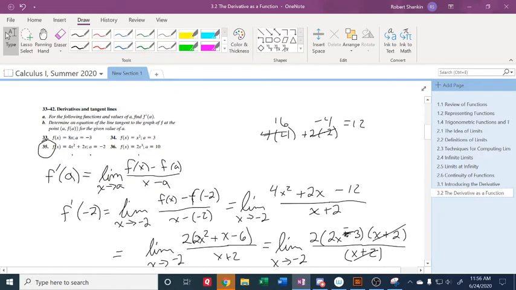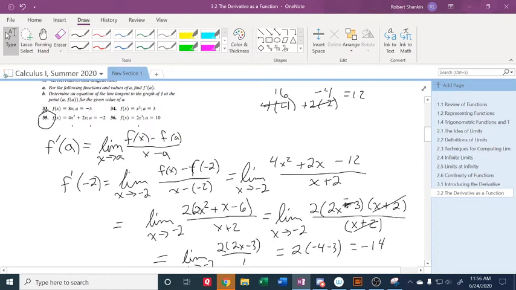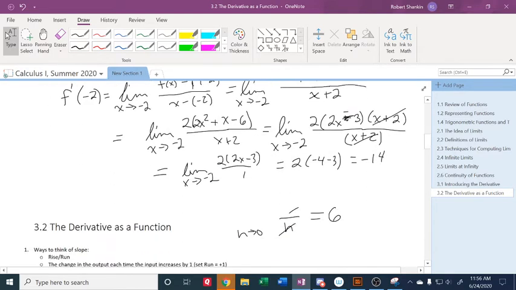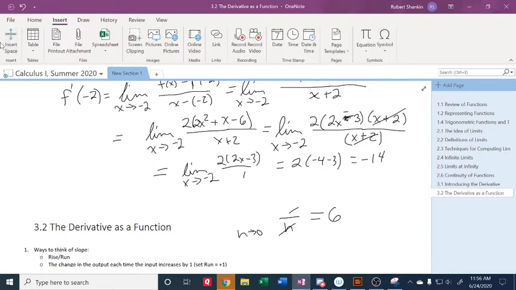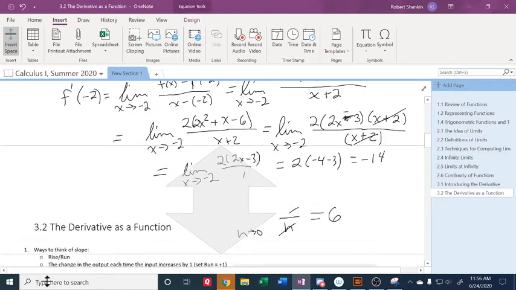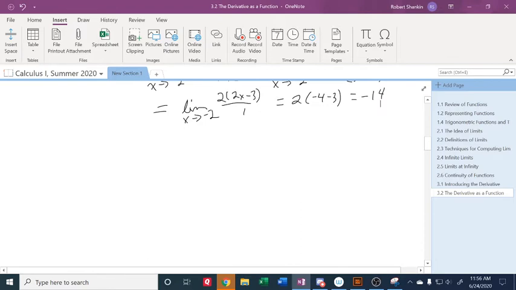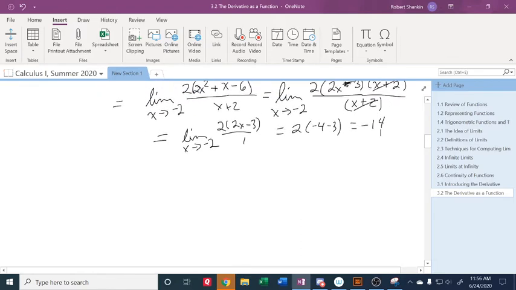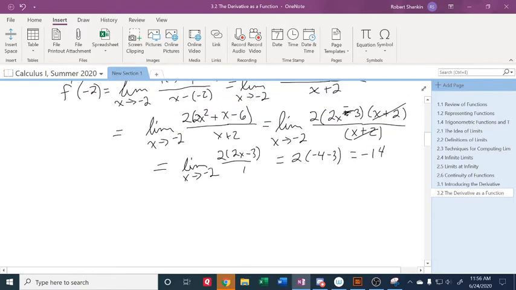Then determine the equation of the tangent line at the point. Alright, so I need two things: a slope and a point.